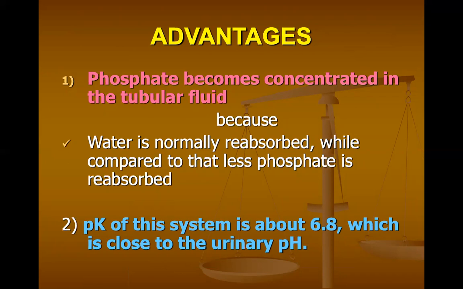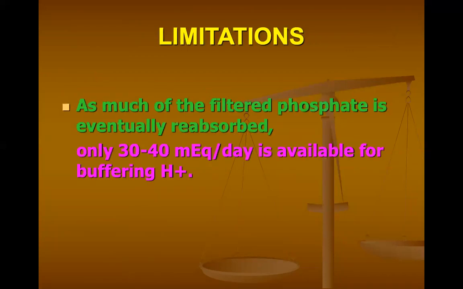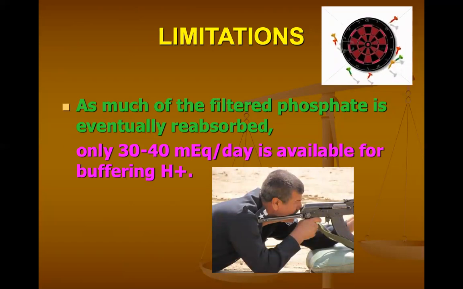Its pK is 6.8, which is close to the urinary pH. And there is a net gain of bicarbonate. The limitation is that very little phosphate is really available. So only 30 to 40 milliequivalent per day is available for buffering H plus. So still the policeman is firing, but it is not hitting the bullseye.